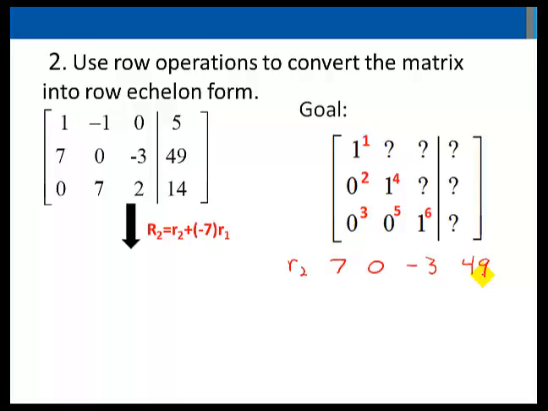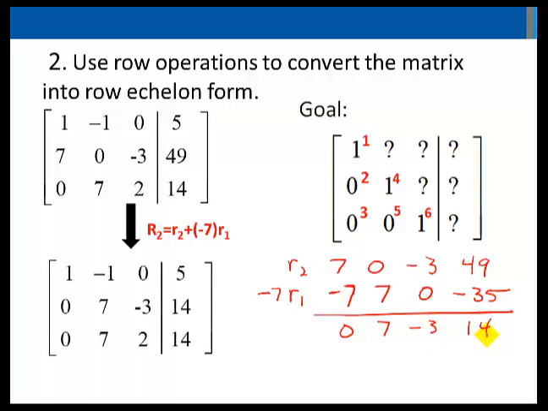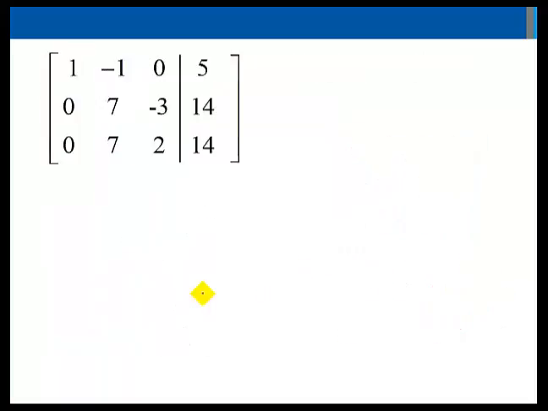If I take negative 7 times row 1, I will have negative 7, 7, 0, negative 35. Adding these together, 0, 7, negative 3, 14. And this becomes my new row 2: 0, 7, negative 3, 14. Okay, so we'll move on.